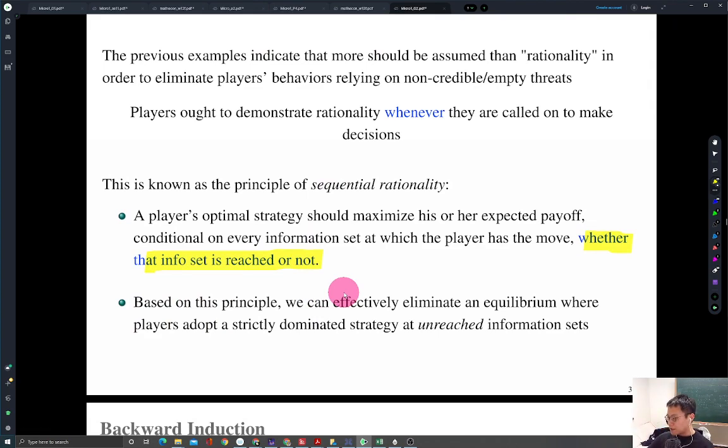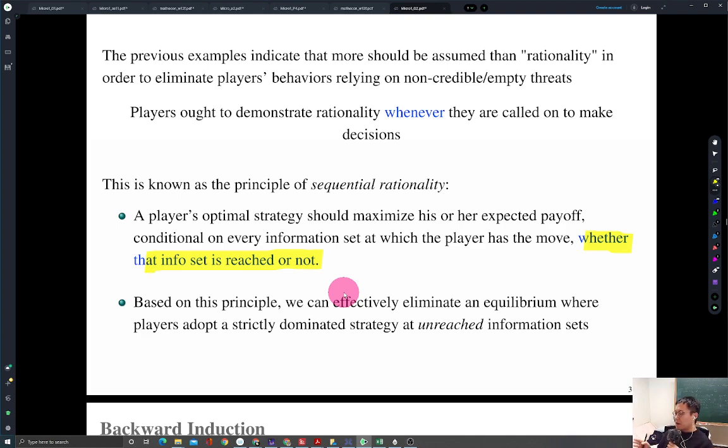Okay? So now we are going to look for players' behavior based on sequential rationality. All right. The basic idea is once again, we would like to eliminate plays based on empty threat. Okay. But with rationality alone, we can't eliminate such a play. So we have to assume a little bit more than rationality, a little bit stronger assumption on players' behavior.